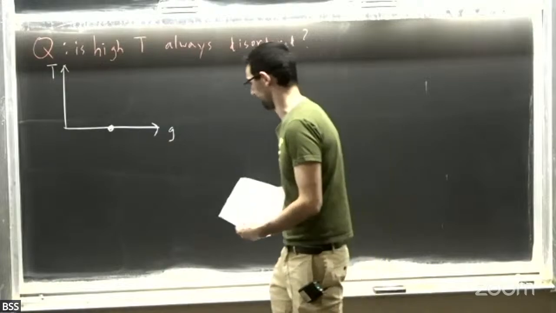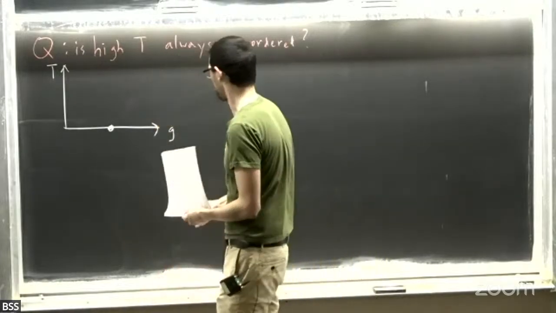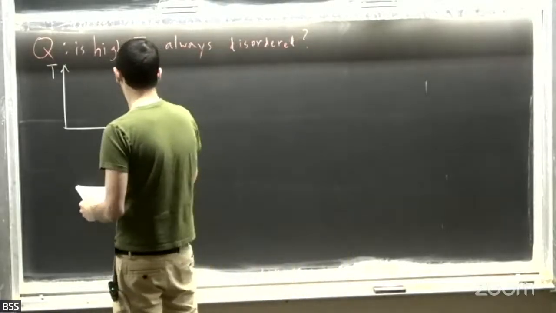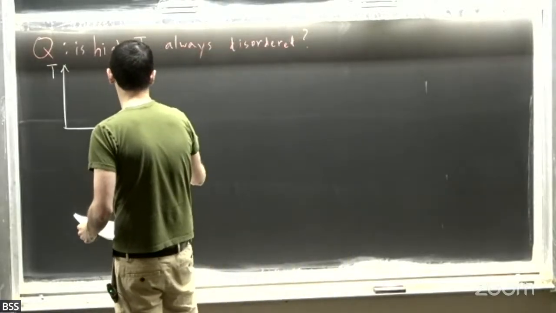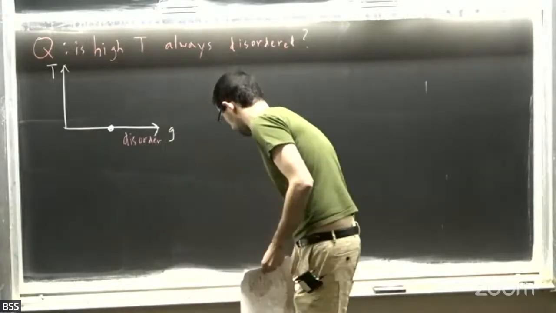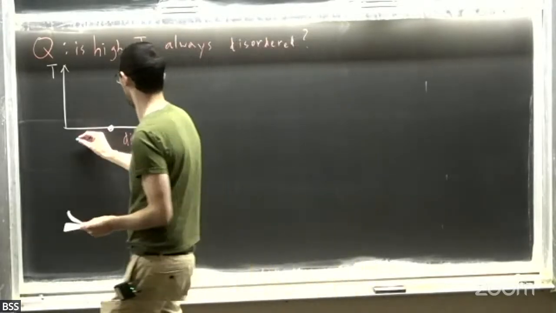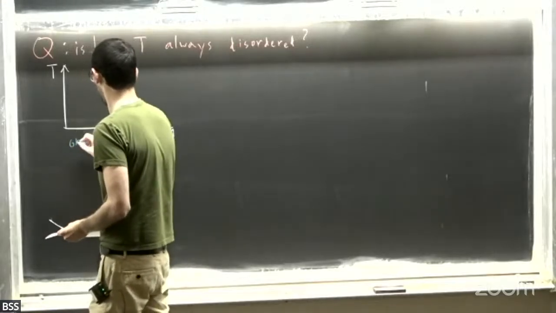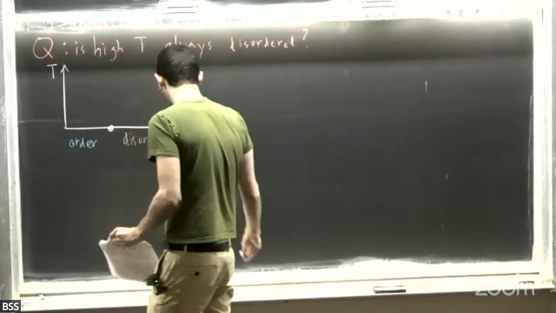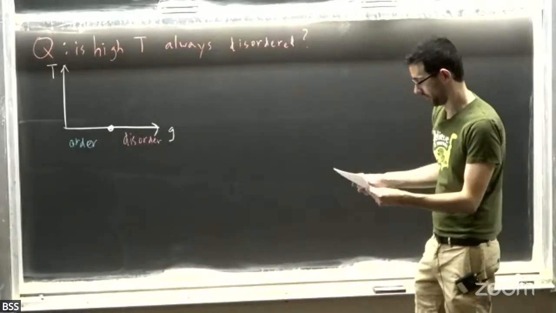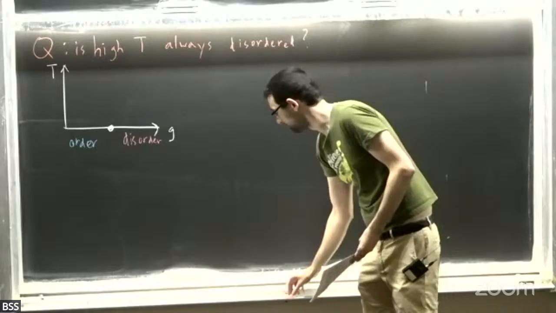Maybe we have a phase transition at zero temperature where over here I have a disordered phase. This could be, for example, the transverse field Ising model from this morning. Over here I have an ordered phase. And we could ask, what does this phase diagram look like at finite temperature?